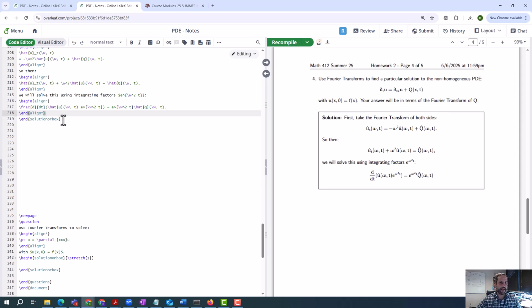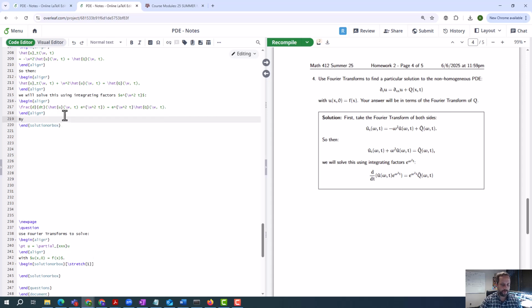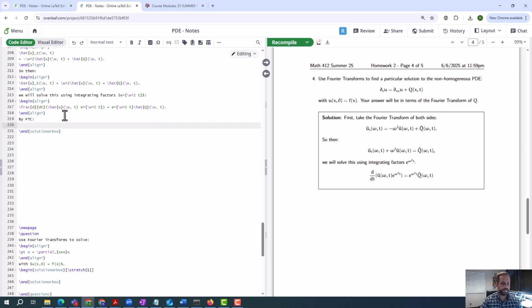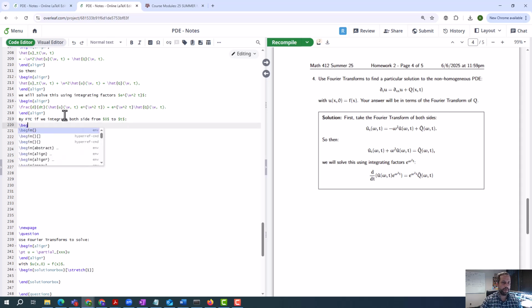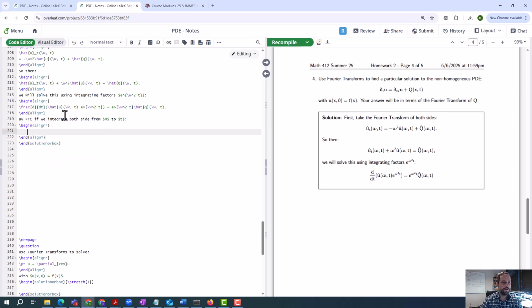So what we're going to get by the fundamental theorem of calculus, if we integrate both sides from 0 to t, okay, when I integrate the left-hand side from 0 to t, I'm going to get this minus this, but evaluated at 0, at t is equal to 0.